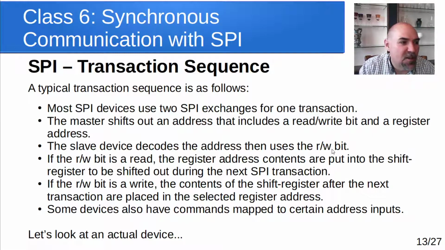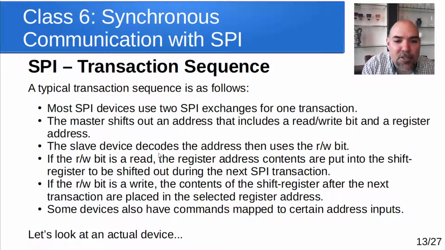So some devices also might have commands mapped to certain address inputs or certain bits on certain command inputs. There's a lot of variation, but generally that's the way: you say, hey, I want to read from this address, or I want to write to this address, and then that causes that device to either give data back or take some kind of action or take the data that comes next and put it into some location. It's a really clever, very simple methodology that can also run really, really fast.